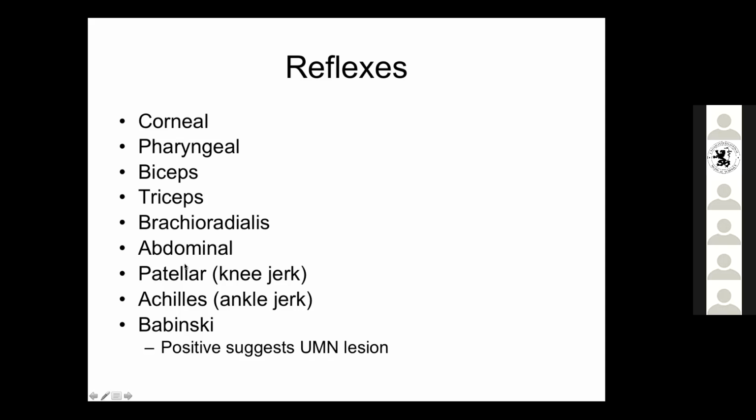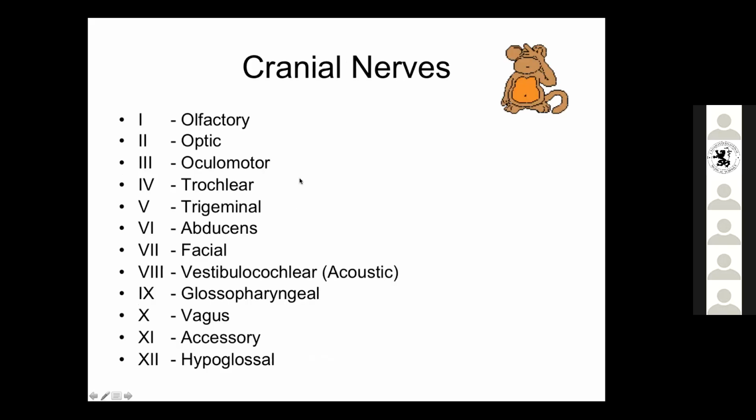Abdominal as well. The patellar or knee jerk reflex and the Achilles reflex are involuntary reflexes that also serve as protective reflexes. And the Babinski is important because it helps us detect if there is an upper motor neuron lesion.